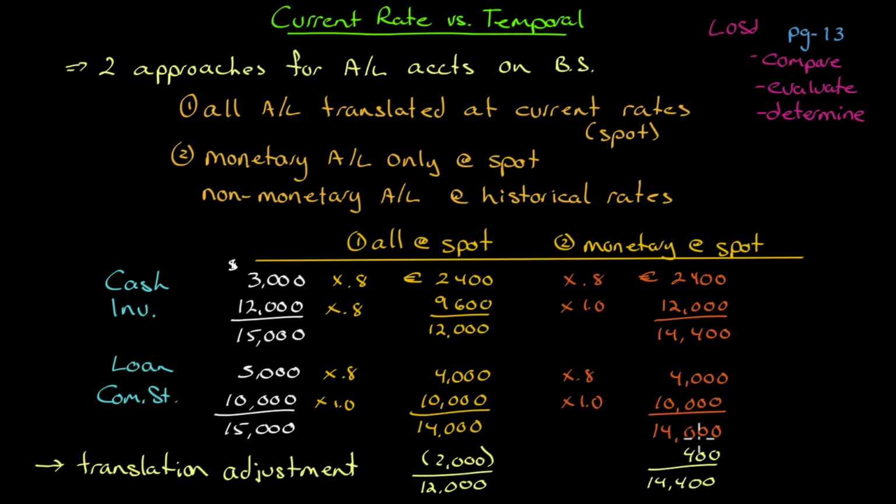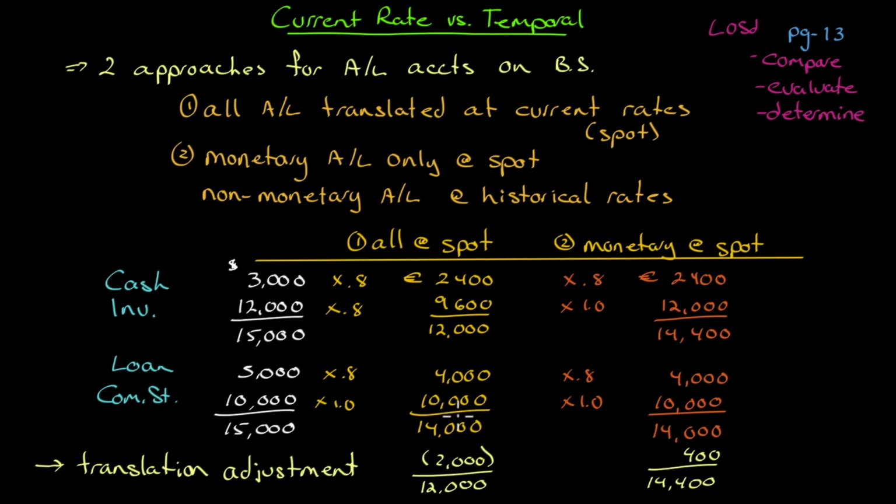So, look at these two scenarios. Under translating all of them, under method one, we have total assets of $12,000 versus $14,400. We have a translation adjustment of a loss of $2,000 versus a gain of $400. So we have a lower amount of equity here.